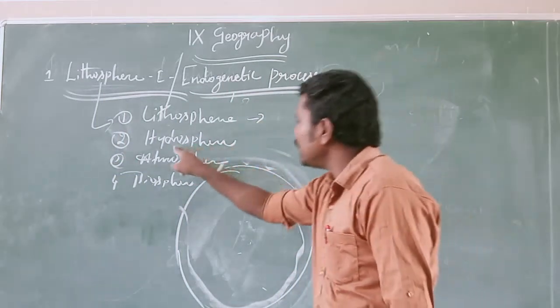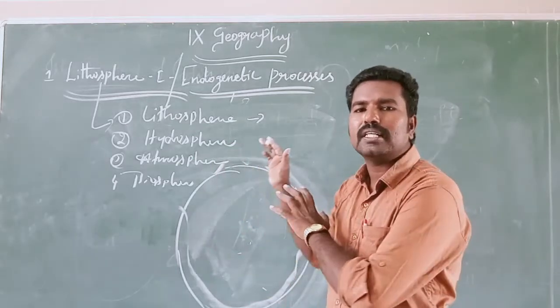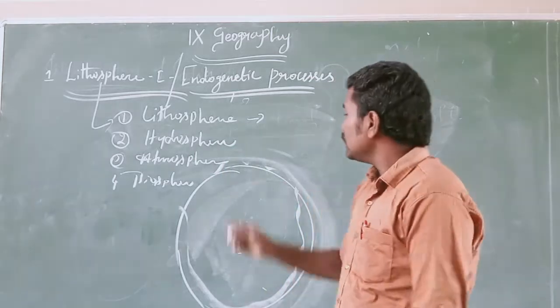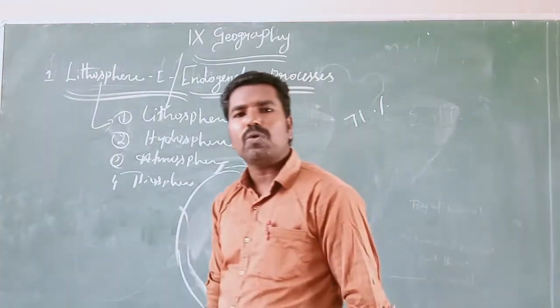And hydrosphere: the earth is partly covered with water. Hydro means water. More than 71% of the earth is dominated by water.